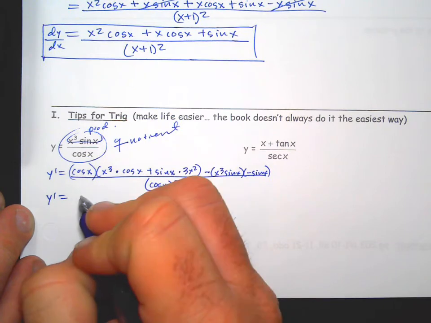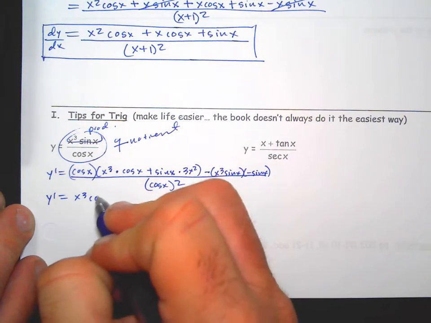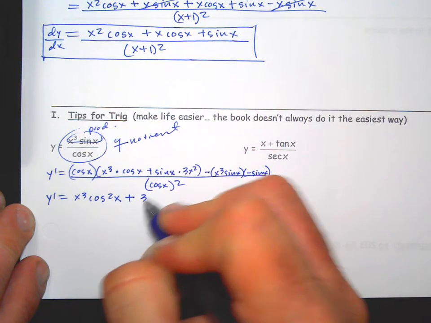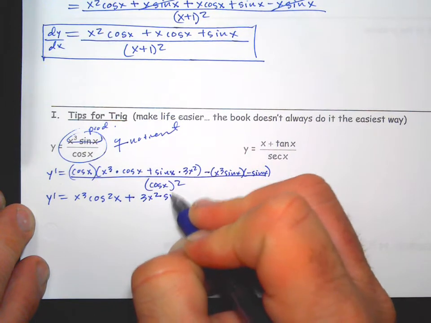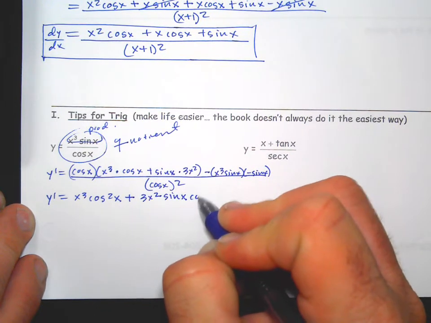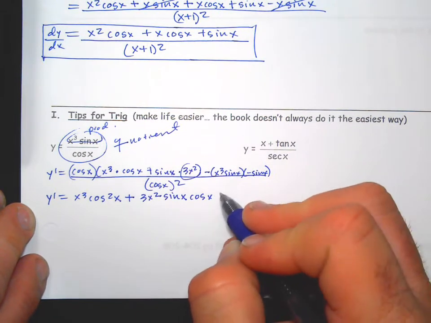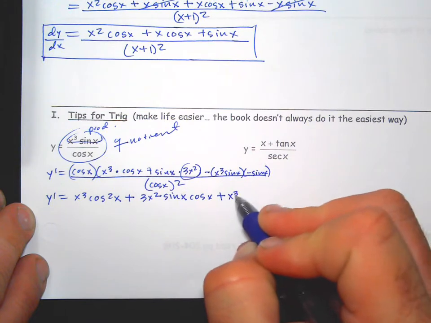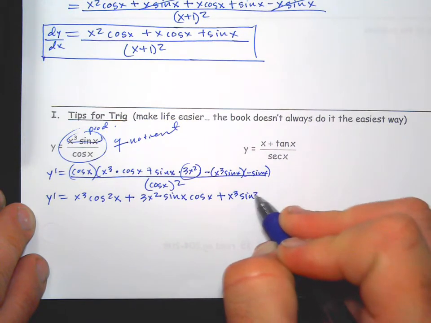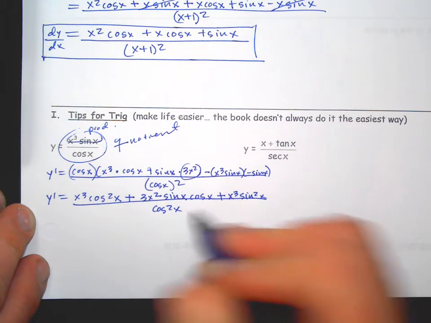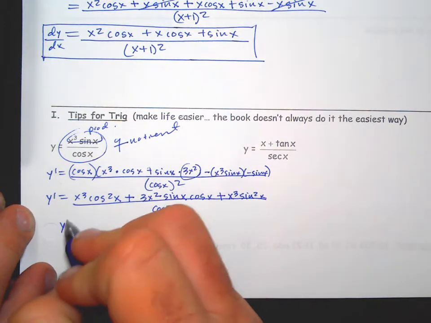Okay, so then that would be x cubed cosine squared plus 3x squared sine x cosine x. We like to put the things in front of the trig. Plus x cubed sine squared all over cosine squared.